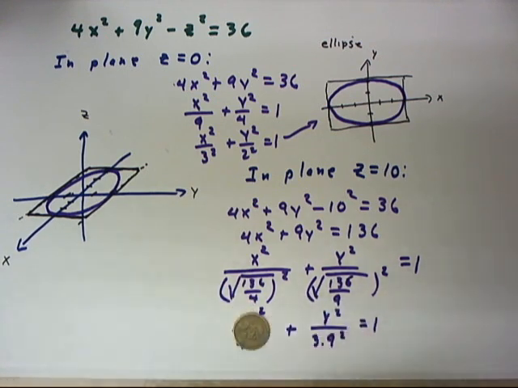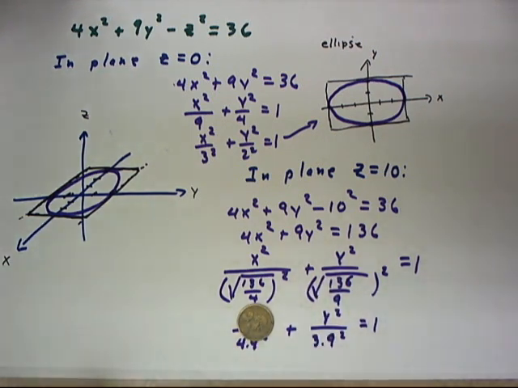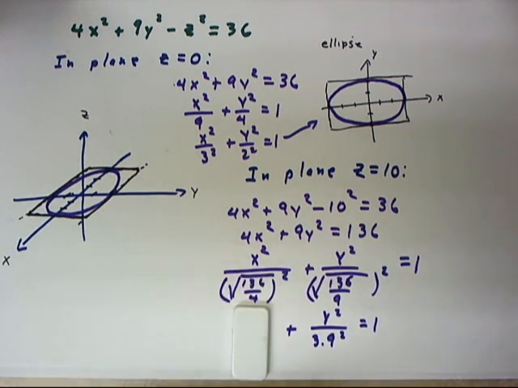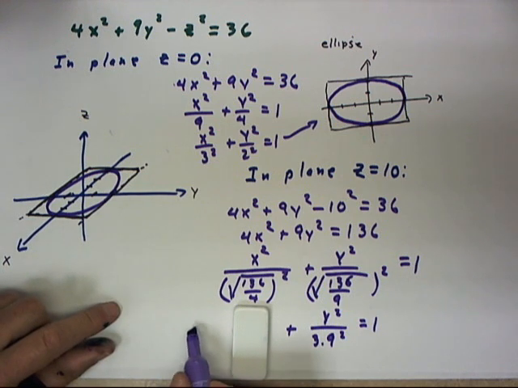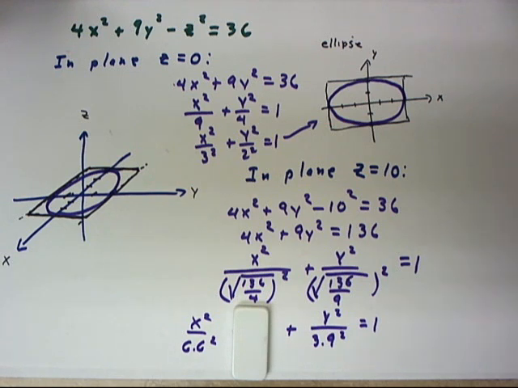The square root of 44 is going to be between 6 and 7, a little closer to 7, so I'm going to say this is about x squared over 6.6 squared.